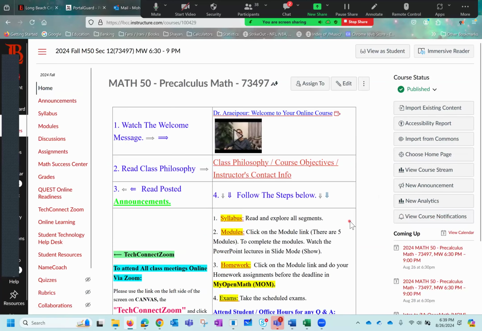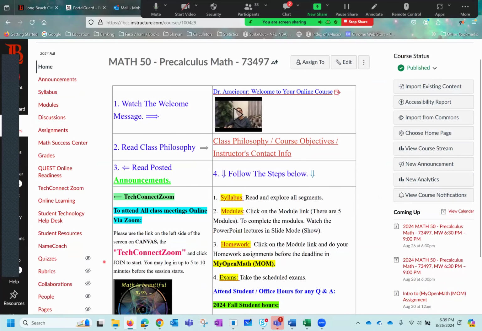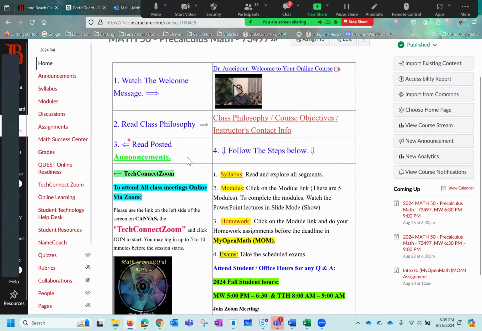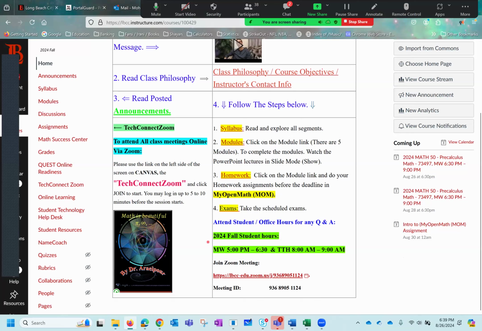Going back to the home page of Canvas. Number 4, first I have the syllabus, then I have the modules, homework, exams. Before I look at those, I want to remind everybody that at the bottom of this home page, what you see here is the office hours.